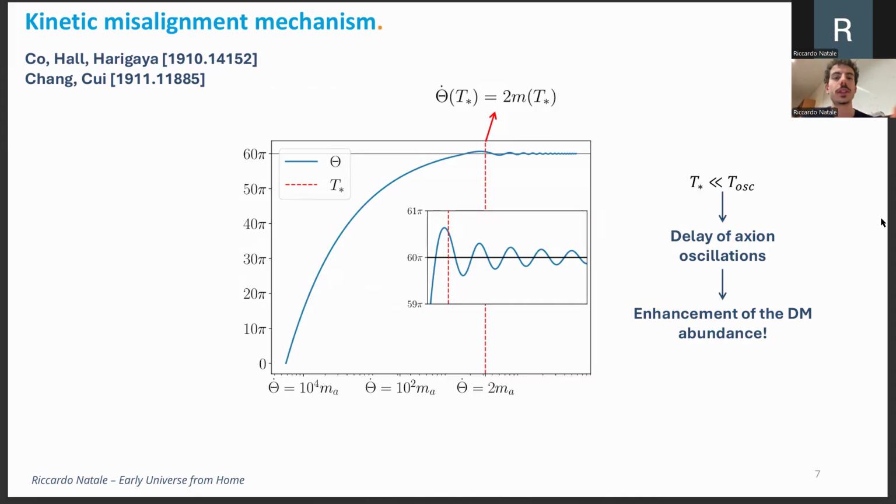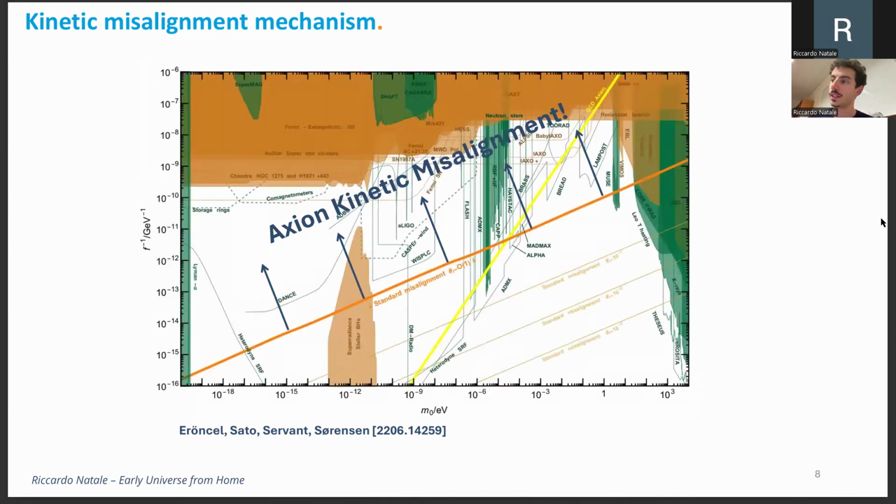And if we call T_star the temperature when this occurs, if this T_star is much smaller than the oscillation temperature that we have in the usual standard misalignment mechanism, then this results in a delay of the axion oscillations, and this delay means less redshift for the axion energy density, so an enhancement of the dark matter abundance.